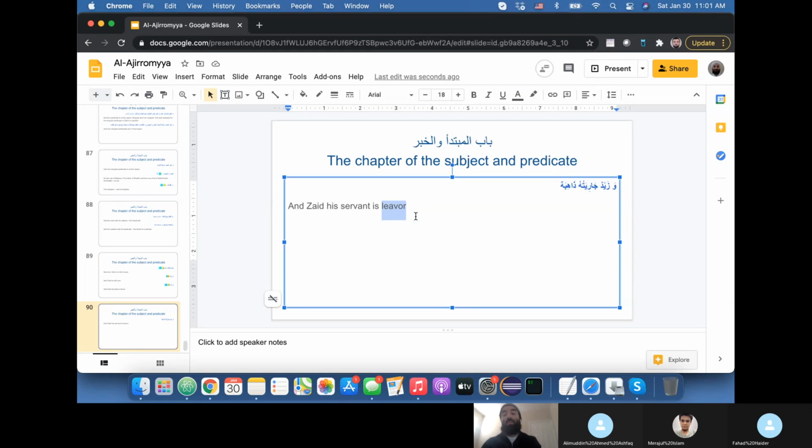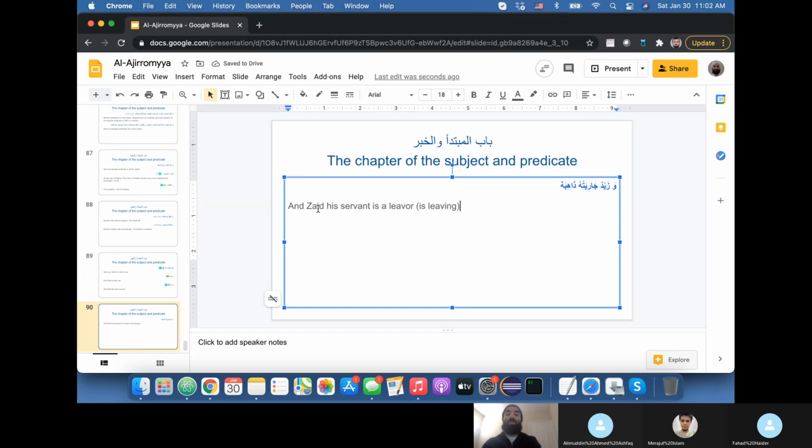To make something an agent noun, you add an -er or -or to the end, right? And this is what we are doing here. We are making qiyas, even though it is not sama, meaning we do not hear anyone using this word. So here, this is the last one. Zayd, his servant, is a lever. Or is leaving. Basically, this would mean is leaving, to make it translate in a way that makes sense.